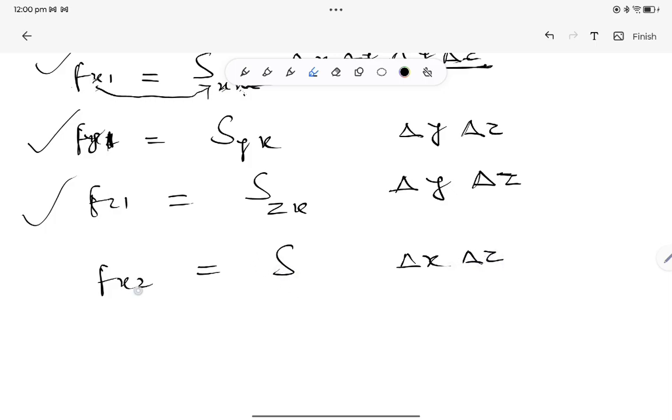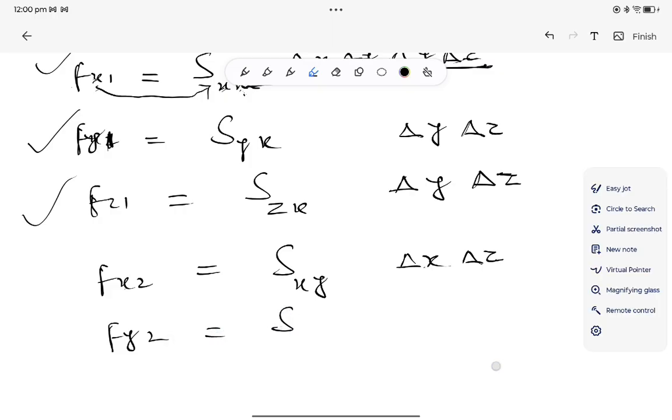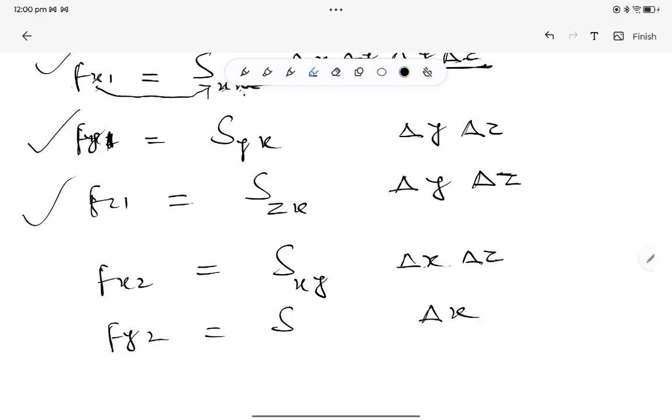Now here you will have S, x. This is perpendicular to the y-axis, hence y. Similarly, Fy2 is S, y, y times delta x, delta z, and Fz2 is S, z, y times delta x, delta z.